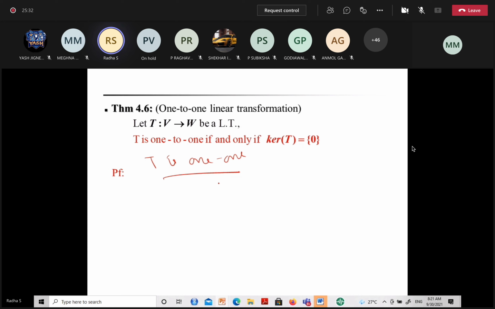T is 1-to-1 now, what is the meaning? T of U equal to T of V implies U is equal to V. Okay. How to proceed with this? Any idea? I have this in my hand. I need to prove ker T has only one element 0.